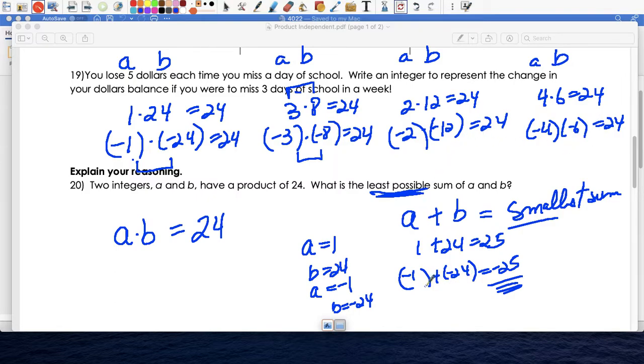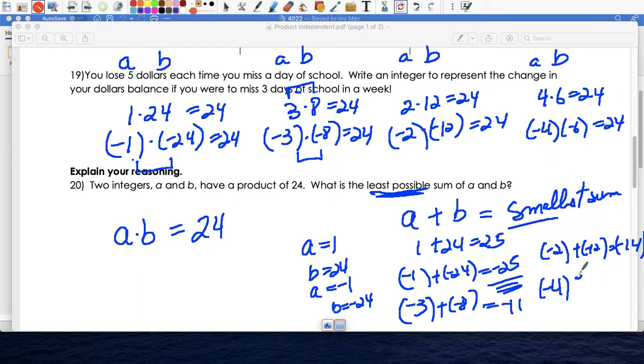Well, we already know that negative 1 plus negative 24 is negative 25. Let's do the next one. Negative 3 plus negative 8. That's going to give us negative 11. Okay, so negative 25 is further left, so it has the smallest value. Let's do negative 2 plus negative 12, and that gives us negative 14. Okay, and then we have 4 and 6, so let's add those two. Negative 4 plus negative 6 gives us negative 10.